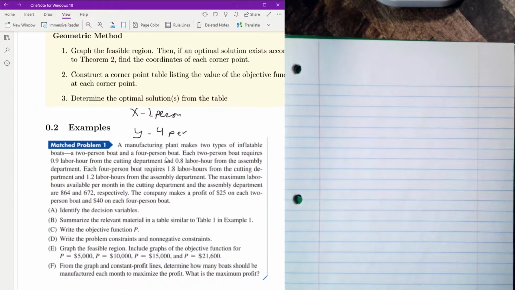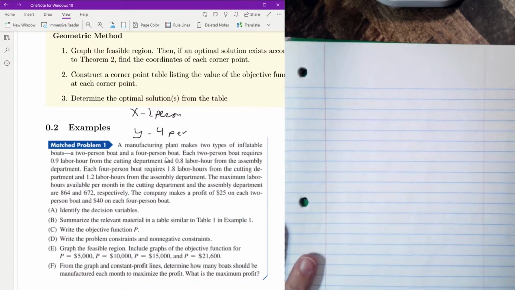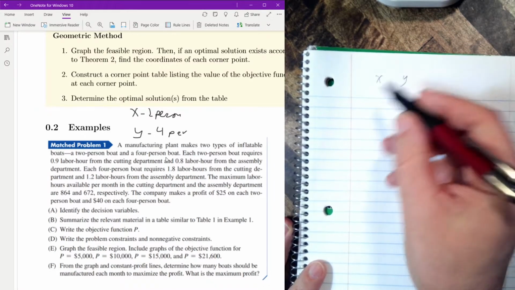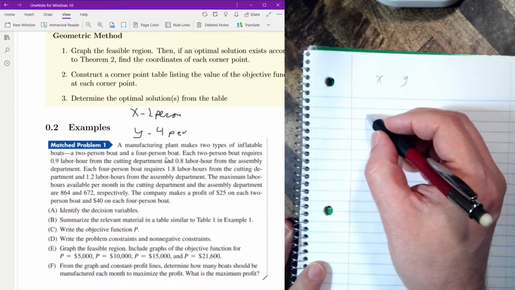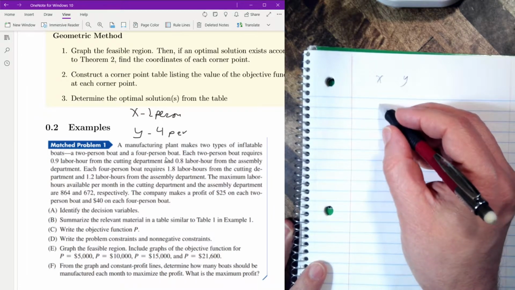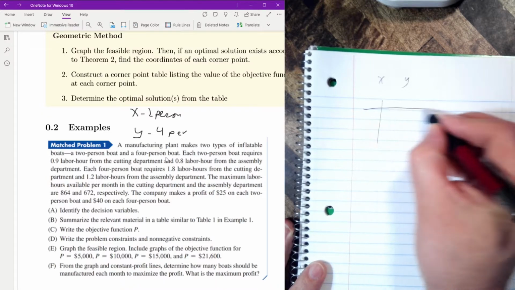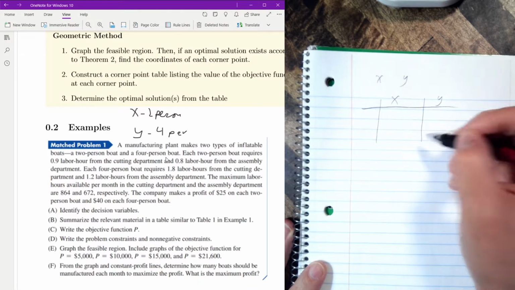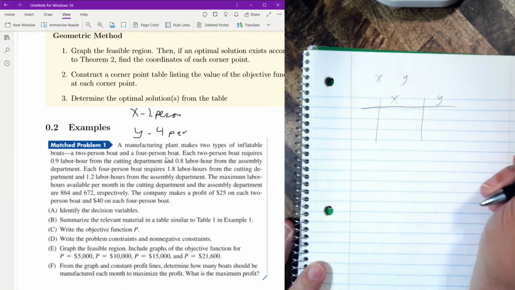So we're going to create a table in terms of X and Y, a two-person and four-person boat. We have X, Y, and labor hours.